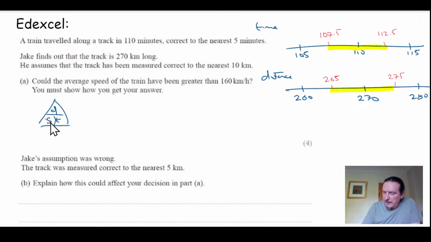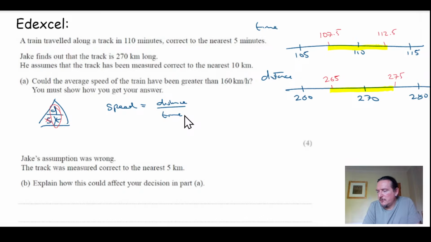So speed equals distance divided by time, and we want to find the biggest possible value for that. Now if you've got a fraction, the biggest fraction is the biggest possible numerator divided by your smallest possible denominator. That's going to give you your bigger fraction, isn't it?